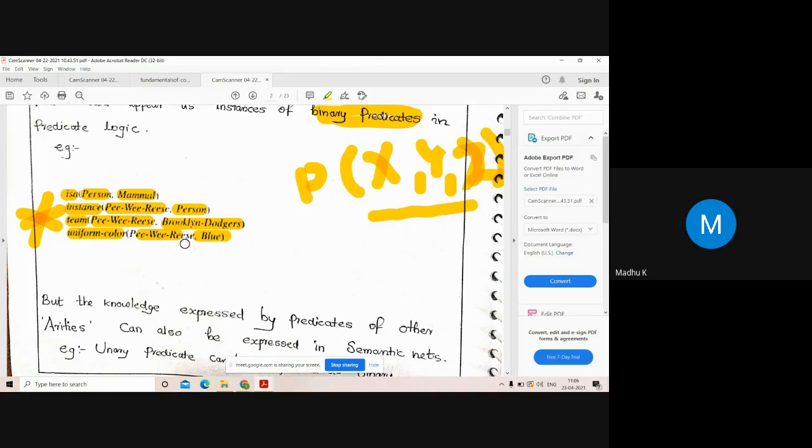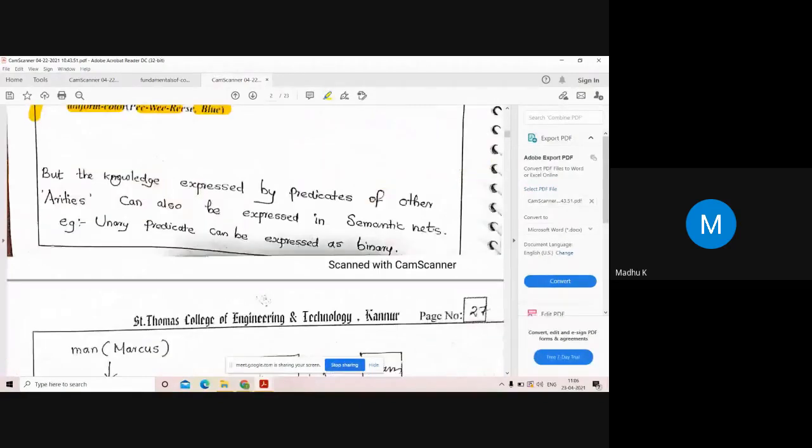But the problem is the knowledge expressed by predicates of other varieties. What is the meaning?